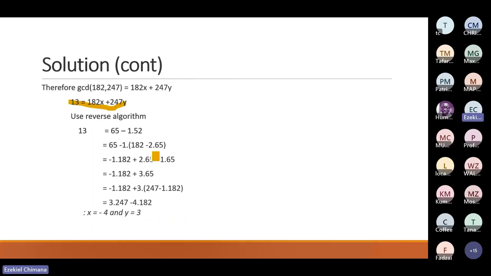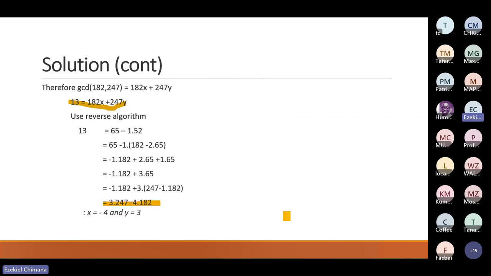If you look at this one, finally we've got 3 times 247 minus 4 times 182. You have this one at the end.